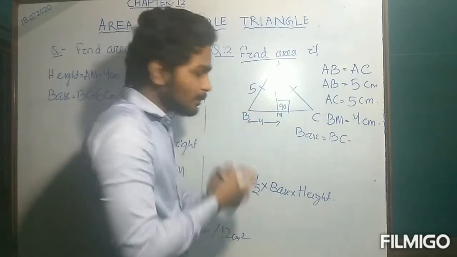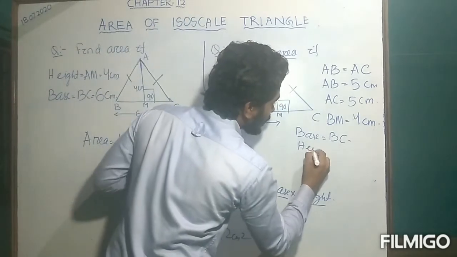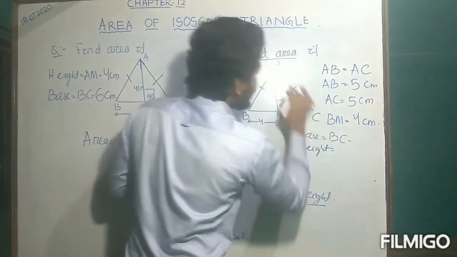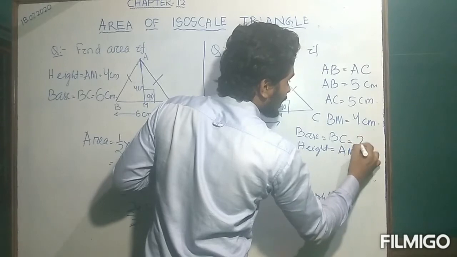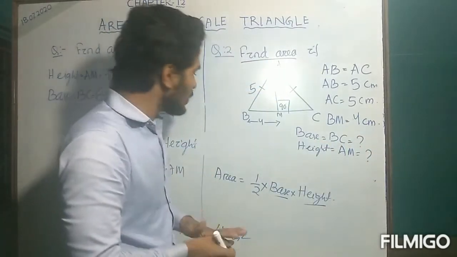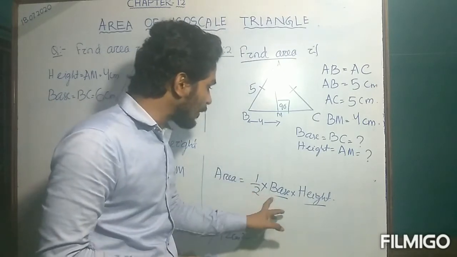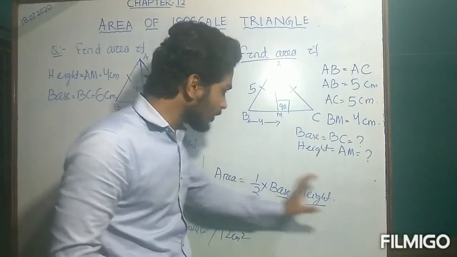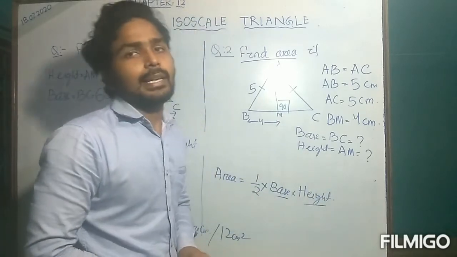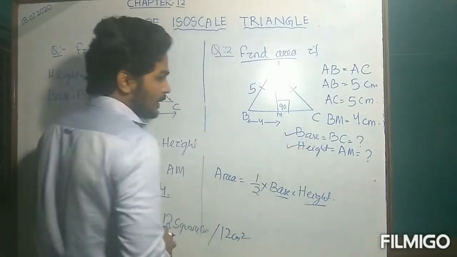Is the height given here? Height is AM. No, the length of the height is also not given, and the length of the base is also not given. So how can we find the area? For that, we first need to find the length of base, then the length of height, then use the formula to find the area. So our target is to find base and height.